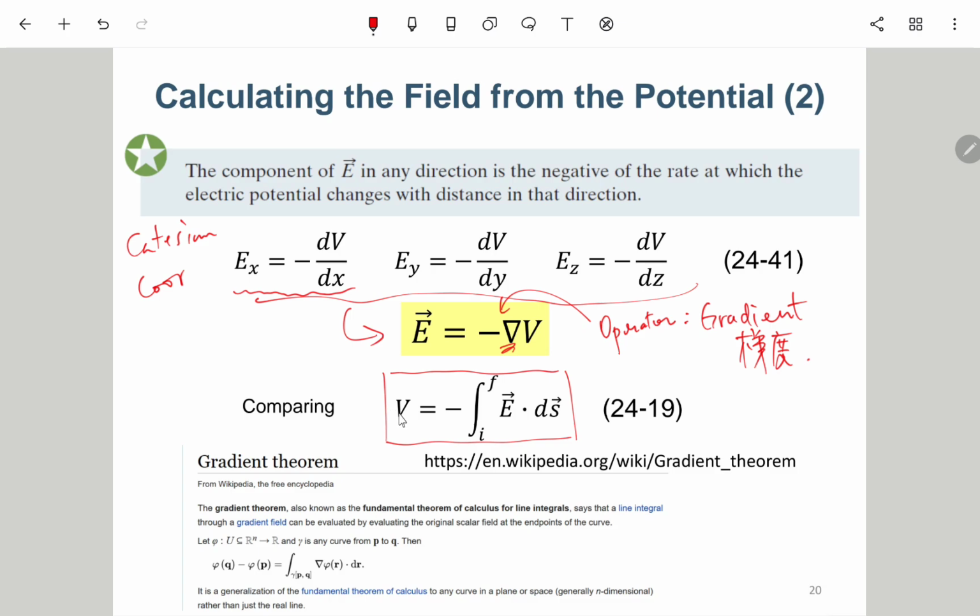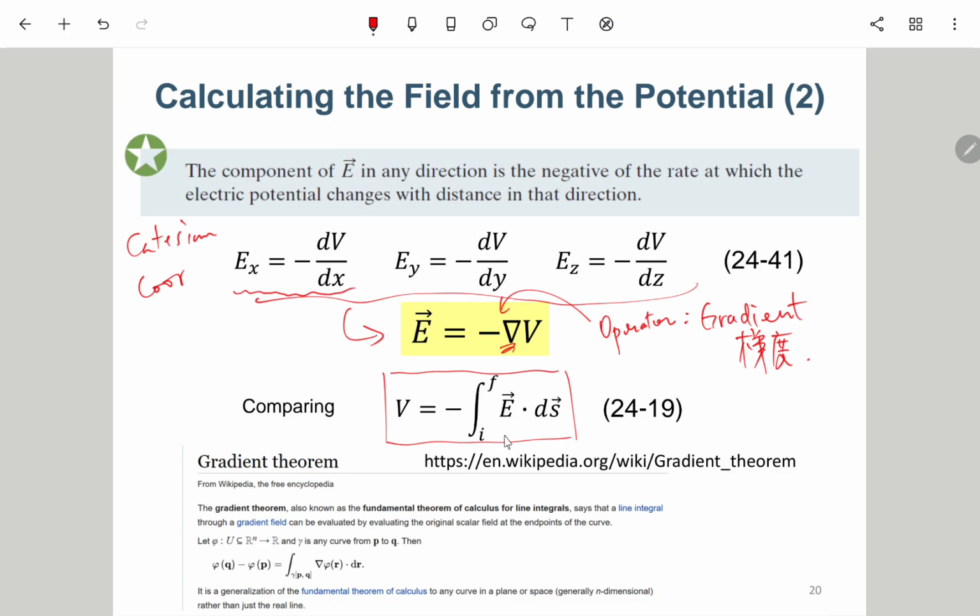So you can also imagine that the derivative, although it is not exactly the derivative, is like the derivative of V will be the E field. Of course, we have the negative sign here.